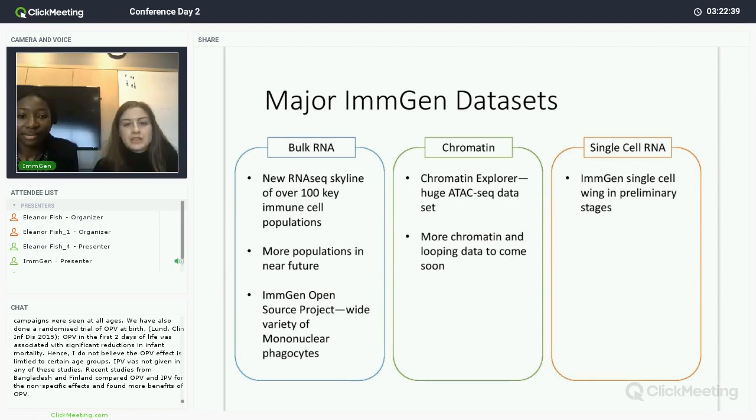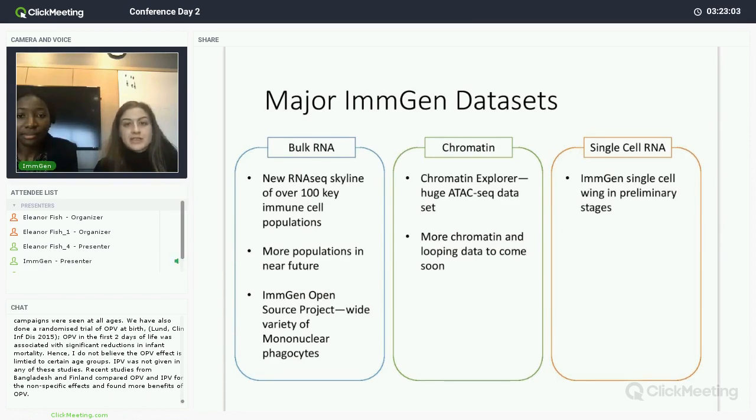And then last year, we launched ImmGen's first ever open source project with a call for applications in Nature Immunology for labs that study mononuclear phagocytes to suggest cell populations they wanted to profile and they thought would be valuable for broader consumption.